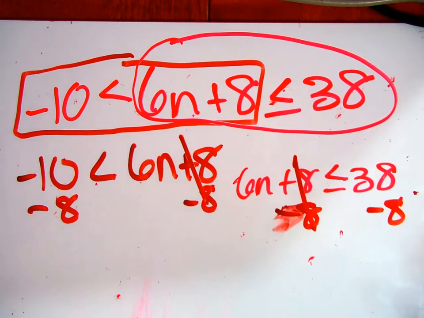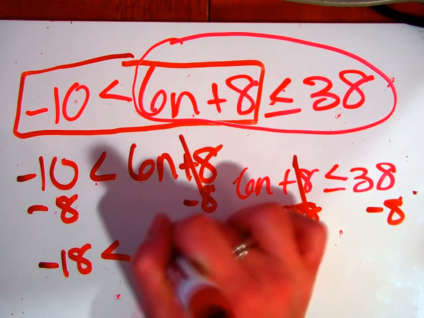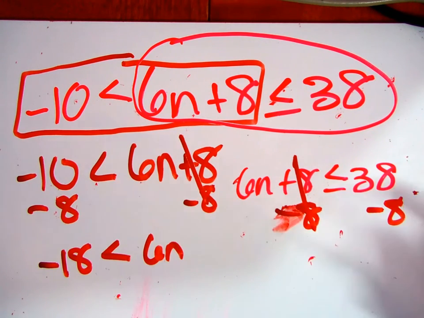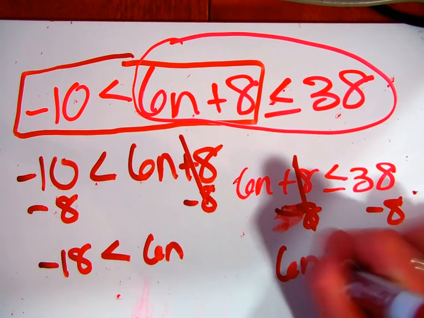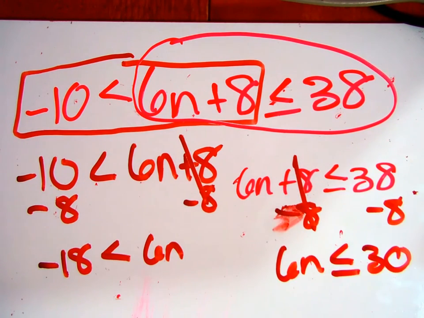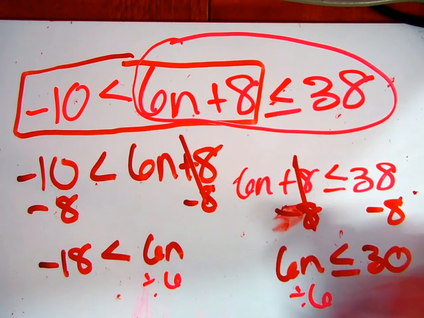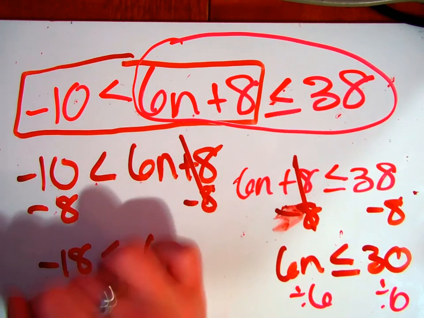The 8's will cross out. In the left inequality, negative 10 minus 8 is negative 18. Symbol stays the same, and I'm going to keep the 6n. In the right inequality, I'm still keeping the 6n, keeping the symbol, and 38 minus 8 is 30. Now I have to divide by 6 for both.